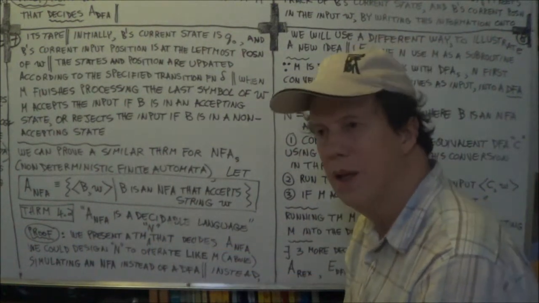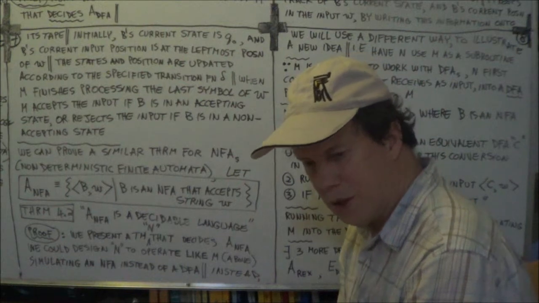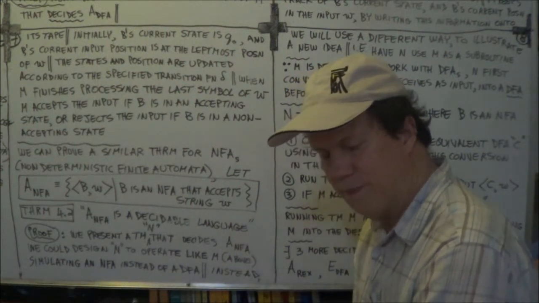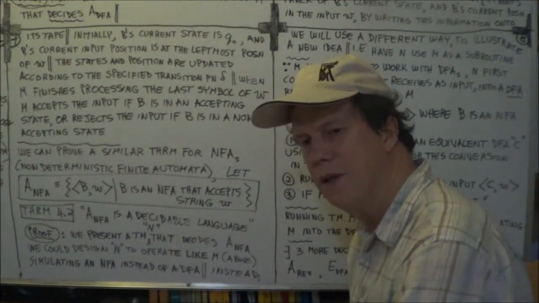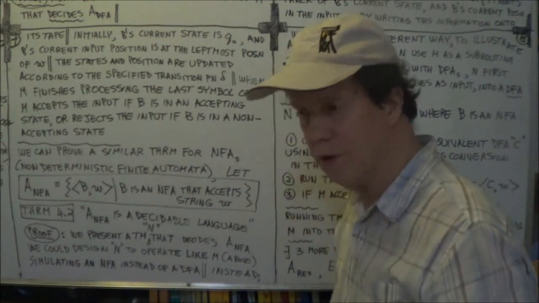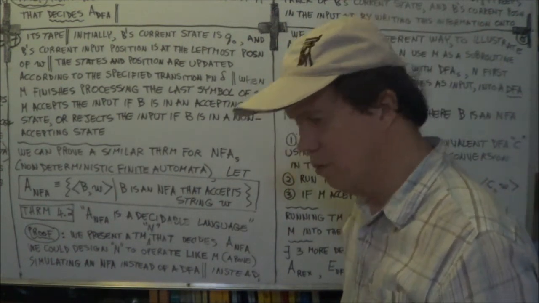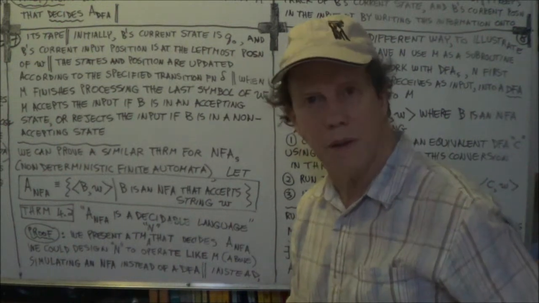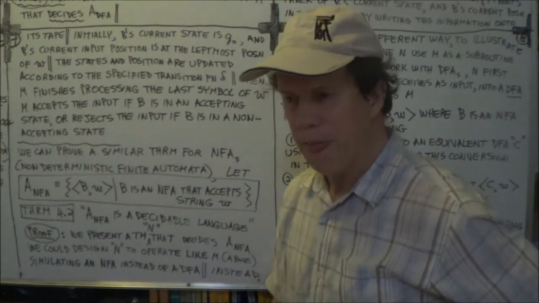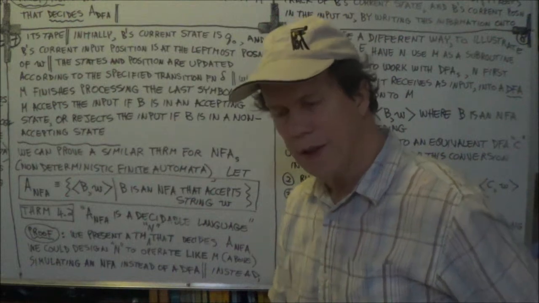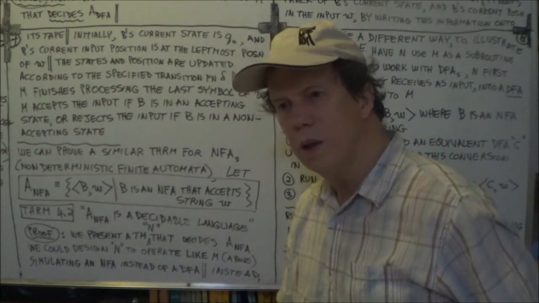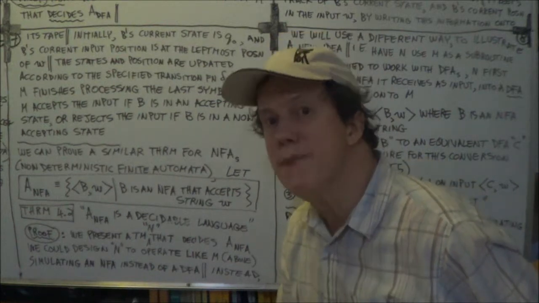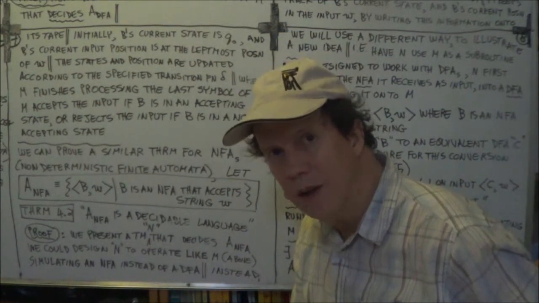That's one approach. But there's another approach, and we will take this second approach because it introduces a new idea, which is useful for later. So we'll talk about this second way of proving things. Basically, the idea is that machine N will use M as a subroutine.